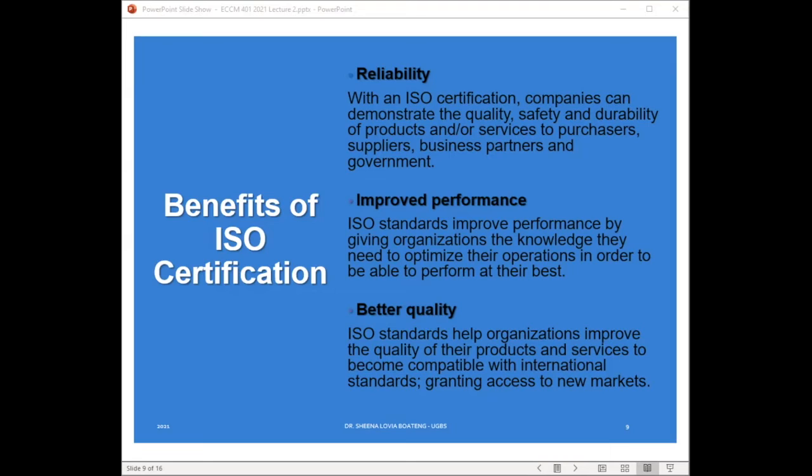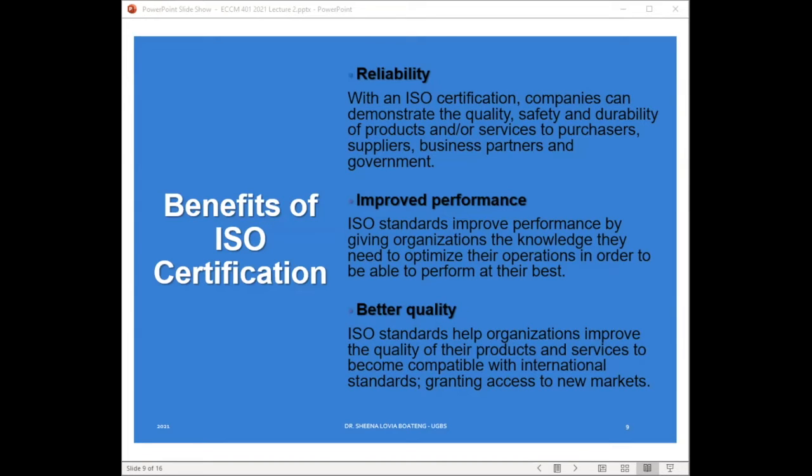And as a direct implication, we can also talk about the fact that whatever outputs that you produce, be it a product or service, will be of better quality because you are now complying with international standard. So whatever you produce is compatible and comparable to products of a similar nature that are produced in the better, more developed countries like the UK and the US and Canada, because you are producing at an international standard.